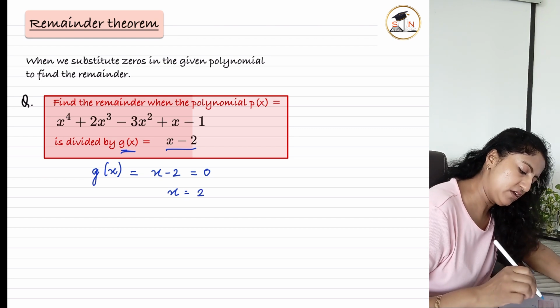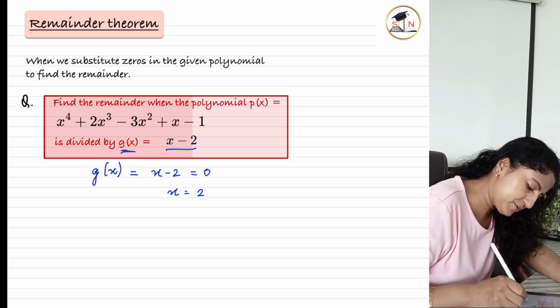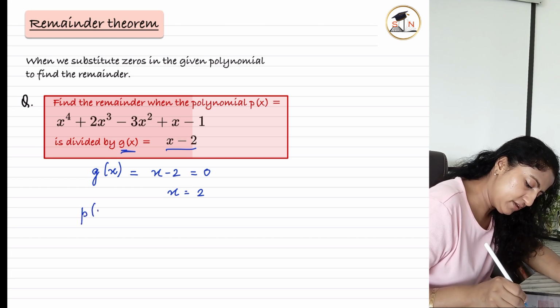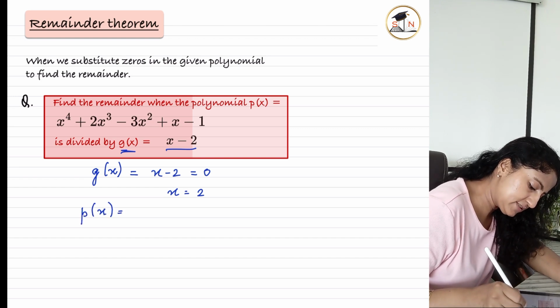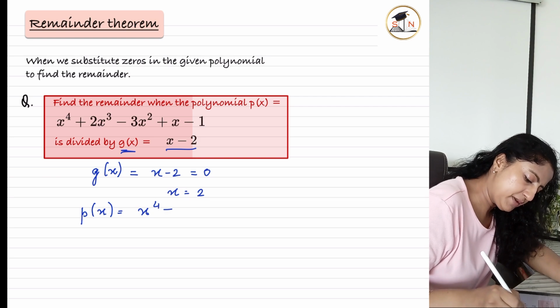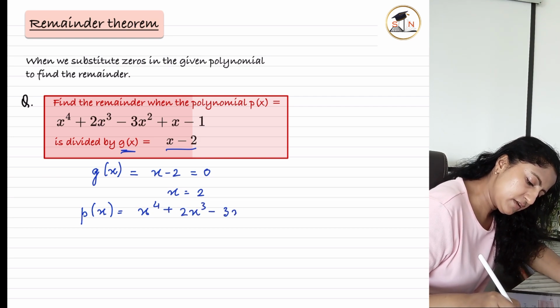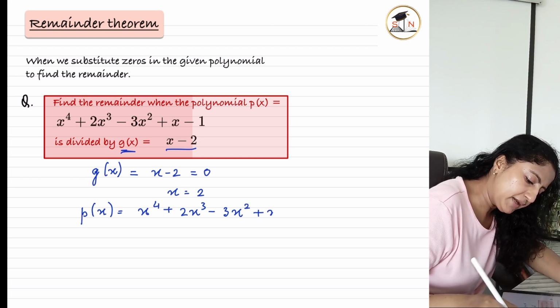Okay. Now, we are given the polynomial p(x), and just rewriting the whole polynomial, it is x to the power 4 plus 2x cubed minus 3x squared plus x minus 1.